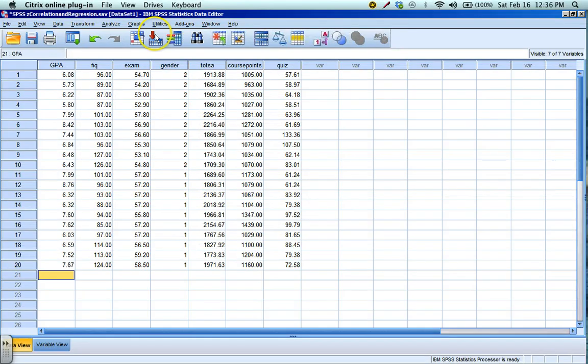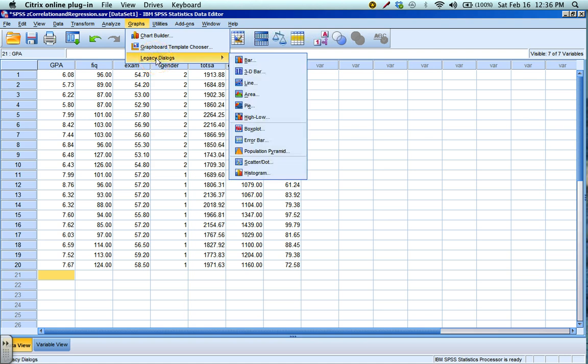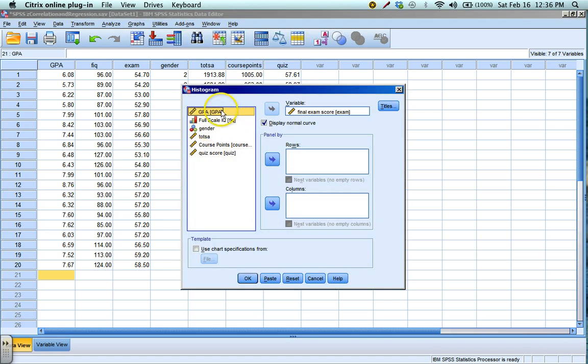So let's say, for instance, I go to graphs, go down to legacy, and I want to do histograms. I'm looking at GPA. I want to reset that, I have something old in there. I'm going to hit GPA and put that normal curve on it. That's going to give me a good indication of what we're looking at.